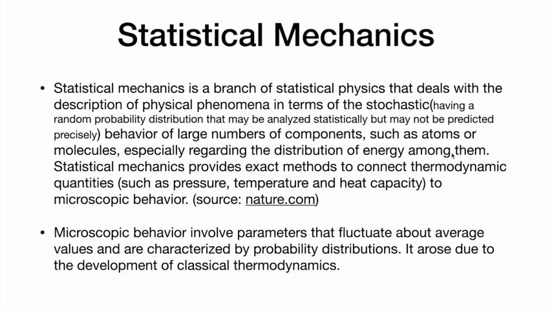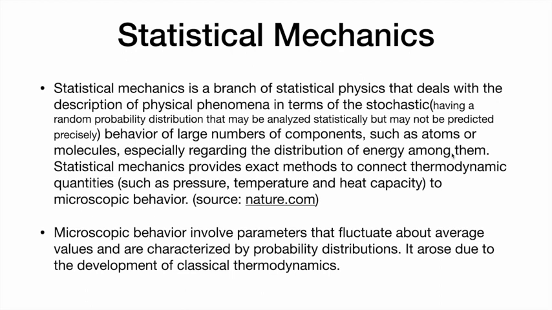These are characterized by probability distributions, and this microscopic behavior and statistical mechanics all came out of classical thermodynamics. It is not that classical thermodynamics came out of statistical mechanics. Statistical mechanics arose from classical thermodynamics because of the curiosity and interest of some scientists who were concerned with microscopic behavior which could impact on a macroscopic level.